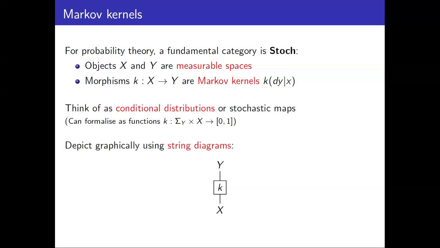Take your current state, then you take some random noise, you put them together with a deterministic function. Yeah, so that would give you a Markov kernel.